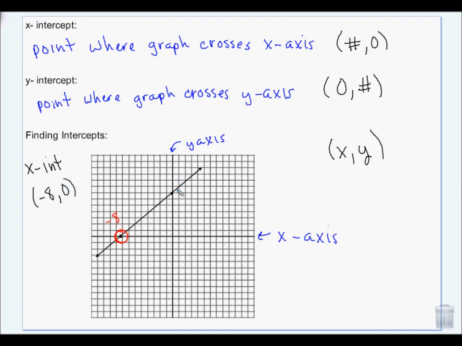Then I look on my y-axis and find where the graph crosses it, and I go 1, 2, 3, 4, 5, 6, 7. So that number is 7, and my y-intercept would be 0, 7.